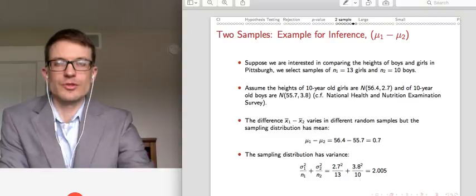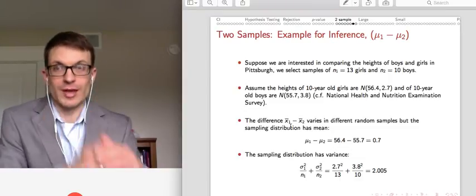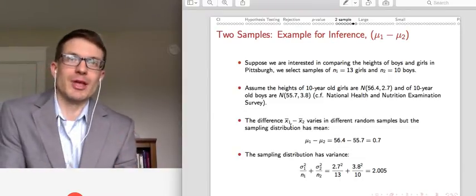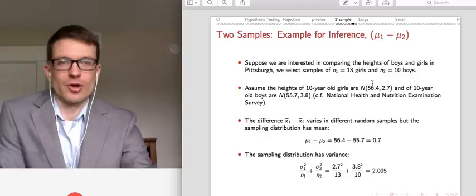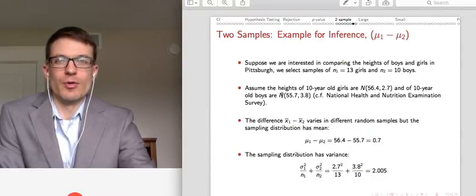So here's an example. Suppose we care about the heights of boys and girls in Pittsburgh. We have a sample of 13 girls and 10 boys. We know something about the population distribution of heights. Girls are taller and have a narrower distribution than boys. So for instance, the mean for girls is 56.4 with a standard deviation of 2.7, and for boys the mean is 55.7 with standard deviation 3.8.